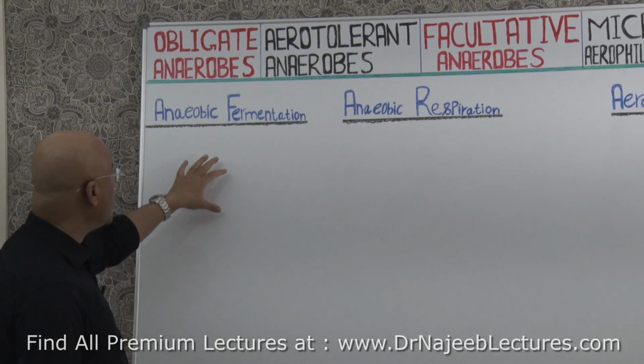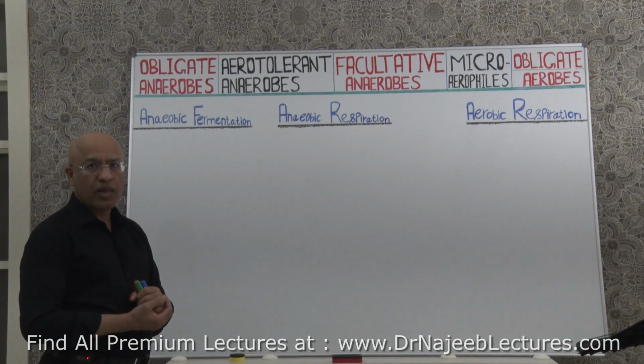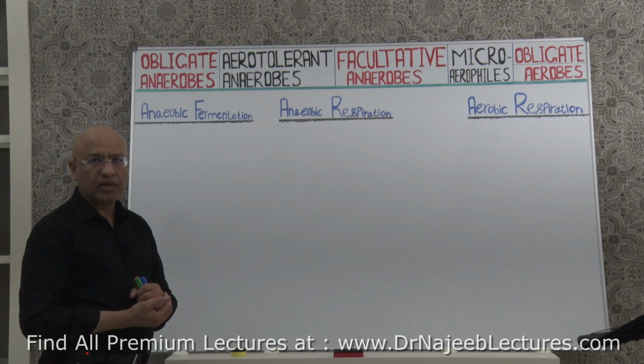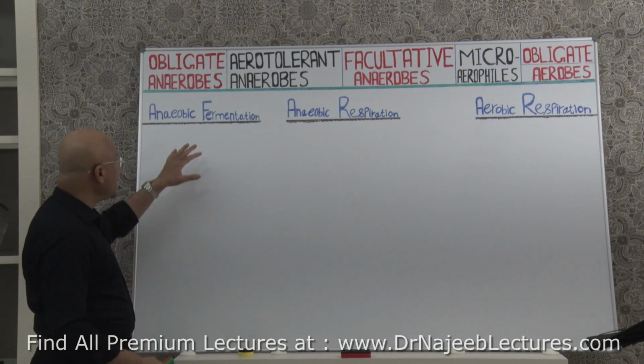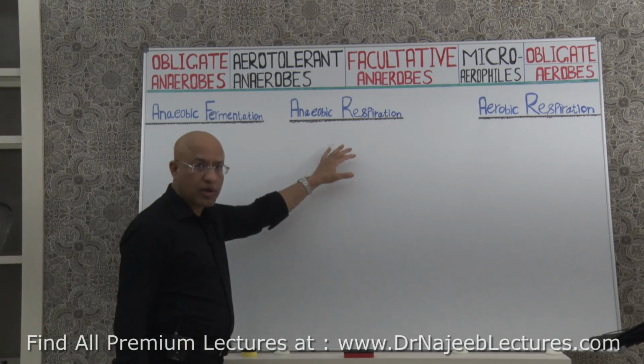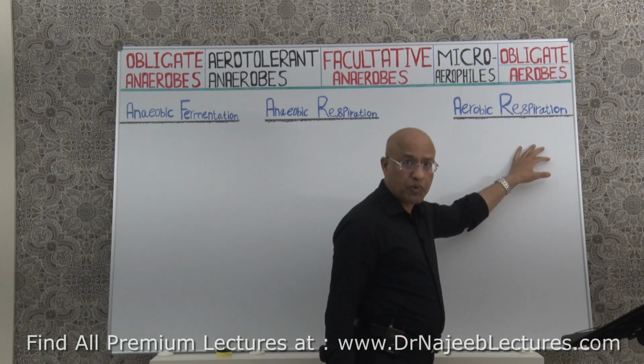Let's come back and deal with the first thing: what is the role of oxygen in the energy metabolism of different types of bacteria? We say basically that there is anaerobic energy production and there is aerobic energy production.